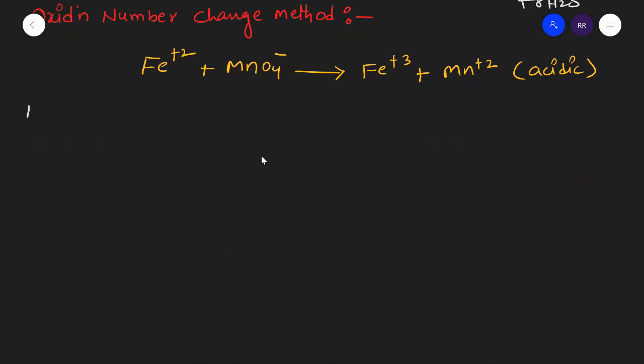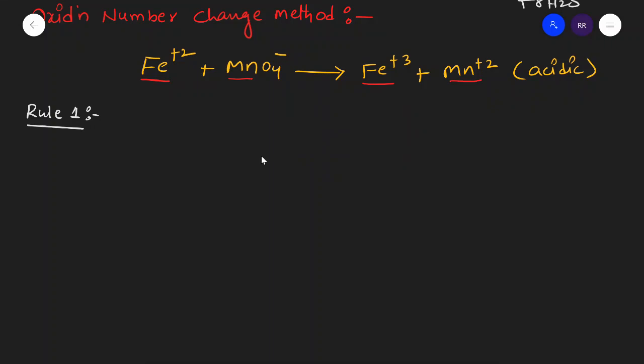So first, rule number 1 is that you just identify the elements that change their oxidation states. That means I can identify here iron is changing its oxidation number from plus 2 to plus 3. And I can identify another element, that is manganese, whose oxidation number is going to change from plus 7 to plus 2.